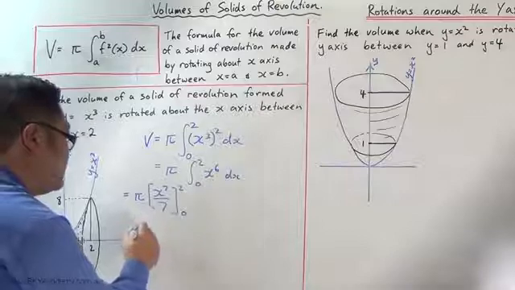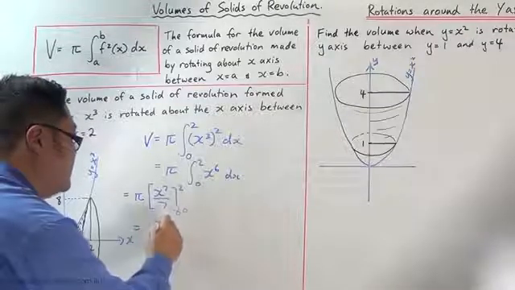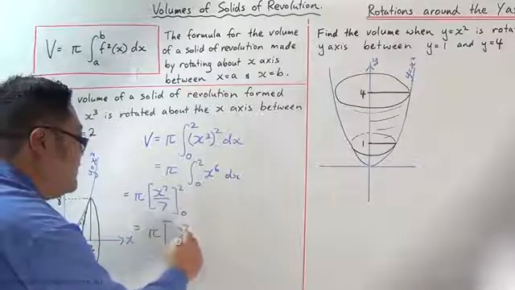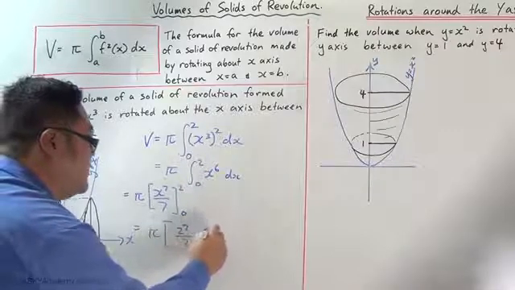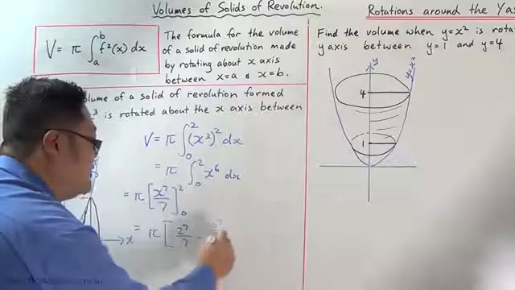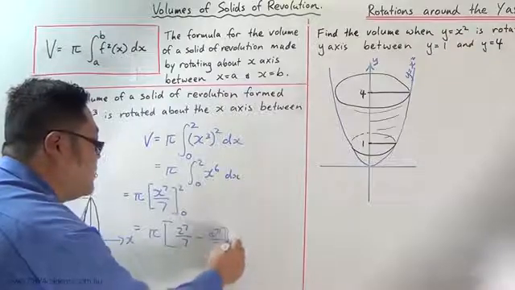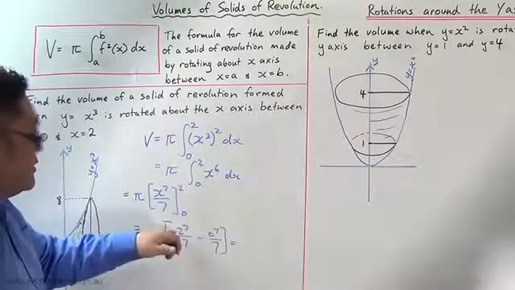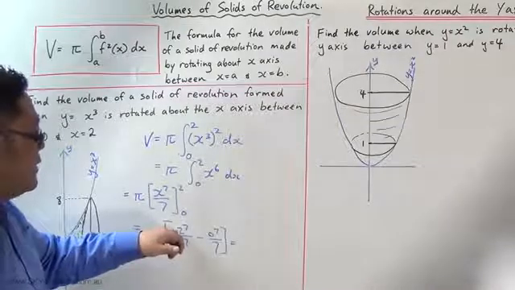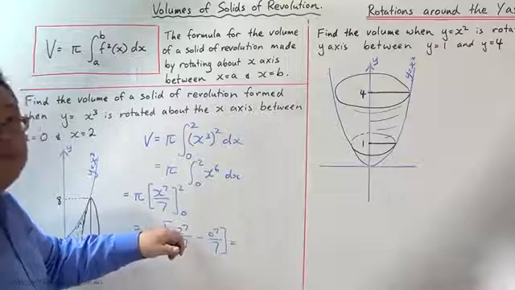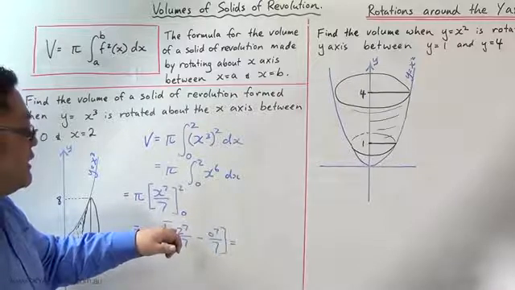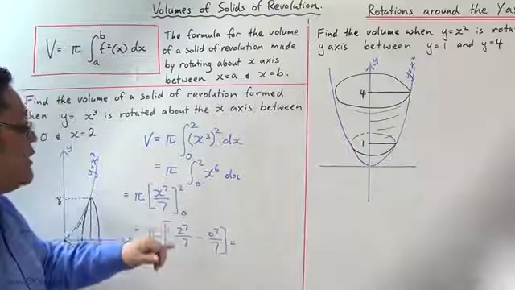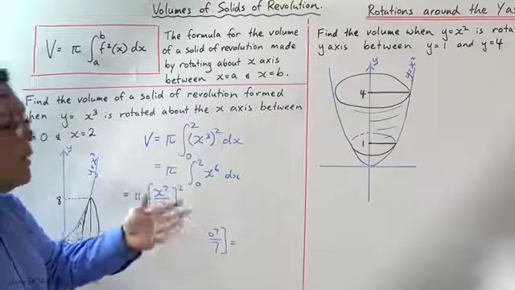That's going to give us pi lots of 2 to the power of 7 over 7 minus 0 to the power of 7 over 7. What's 2 to the power of 7? Let's work this out. 2 to the power of 3 is 8. 2 to the power of 4 is 16. 8 times 16 is 128.